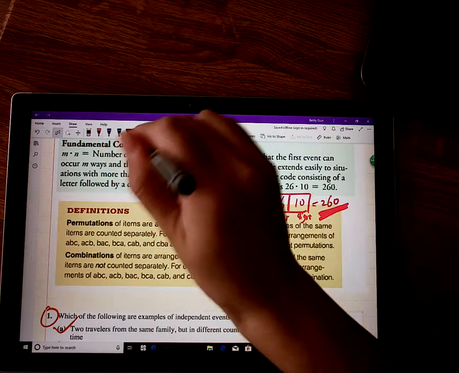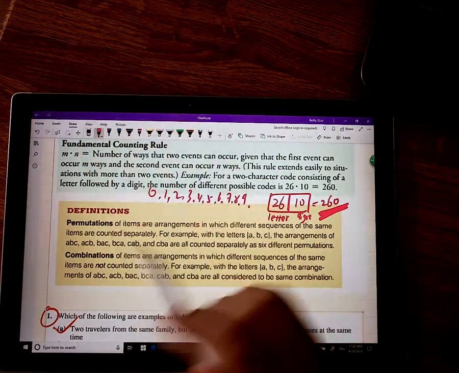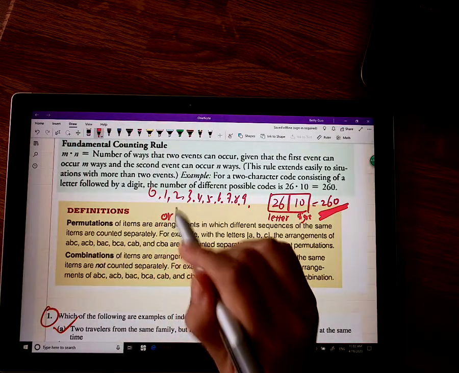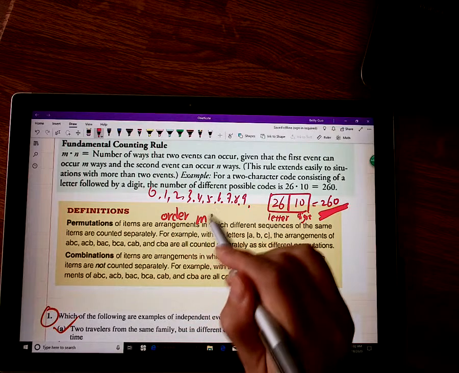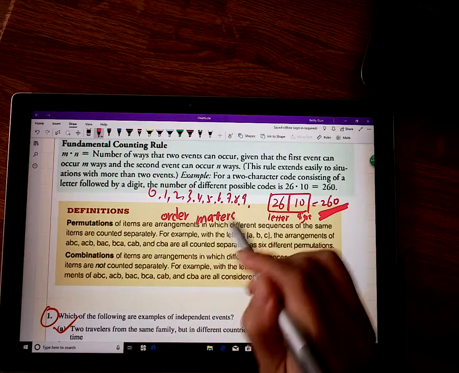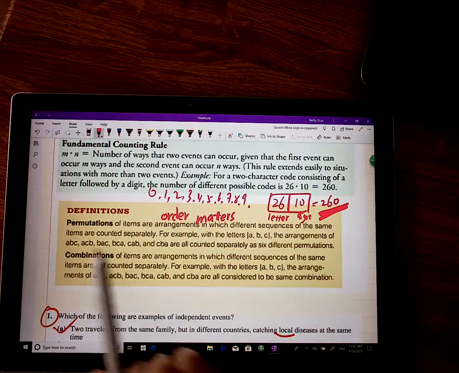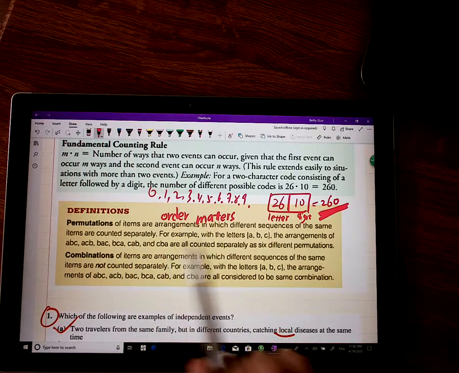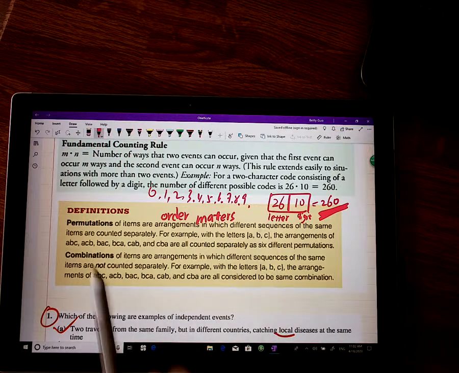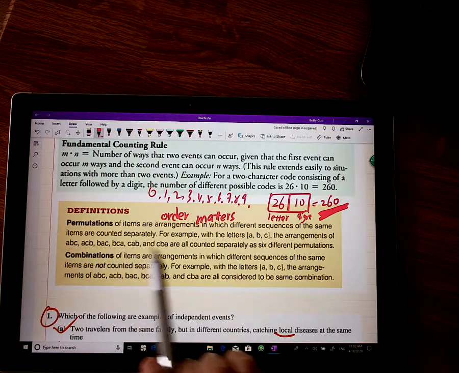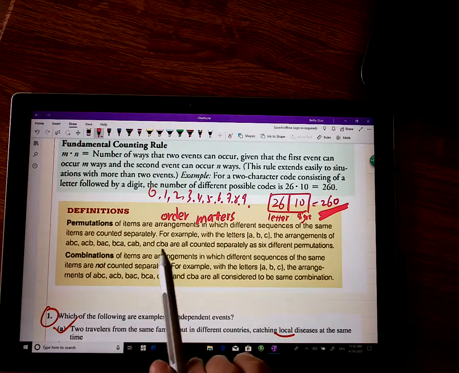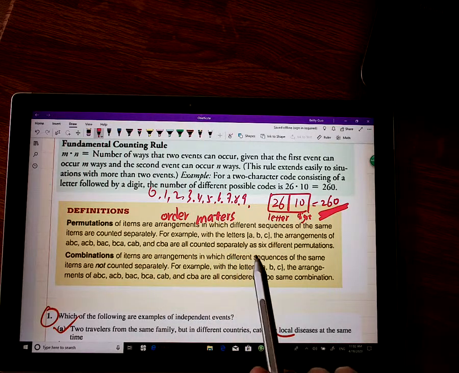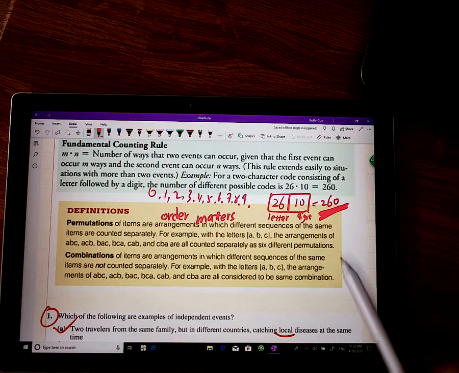To make this simple for you, in permutations, order matters. Don't forget the two keywords, okay? In permutations, order of those items matters. So that's the reason those 6 arrangements are counted separately as 6 different permutations.